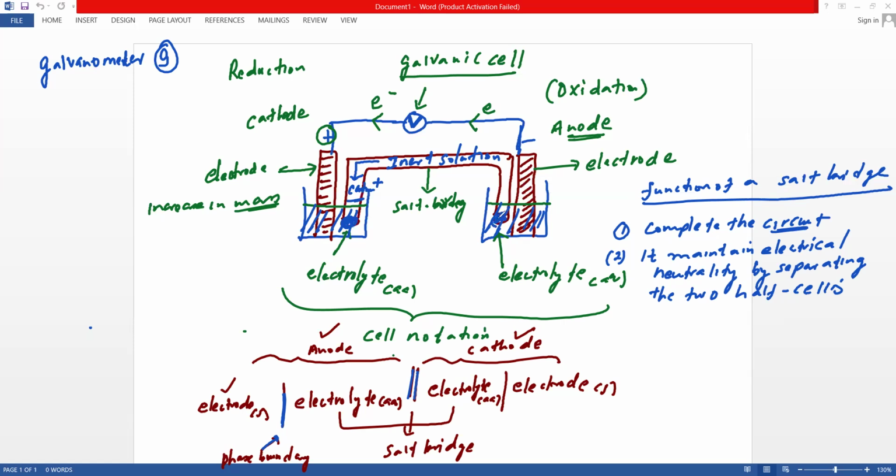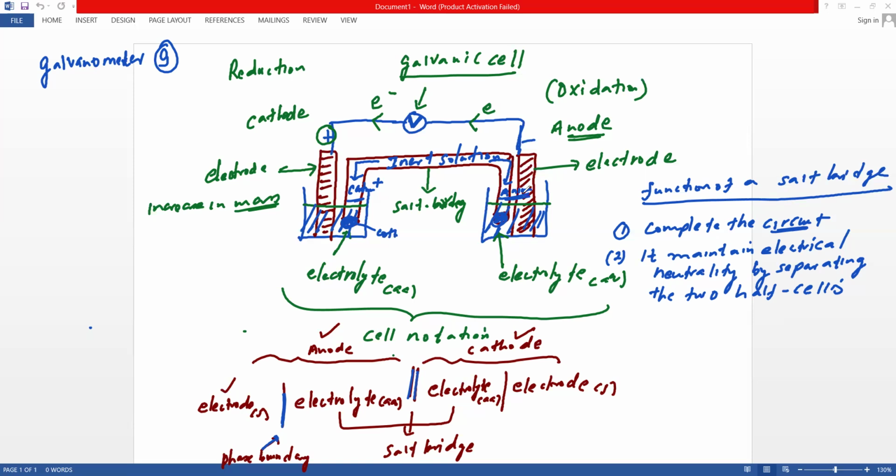But usually they use cotton wool to block so that the solution does not come through. But usually they use this inert solution. So these are the things that you need to understand, ladies and gentlemen. It's very, very important to understand that.